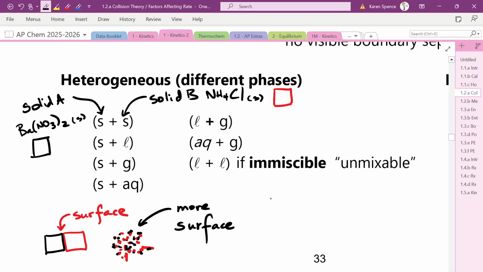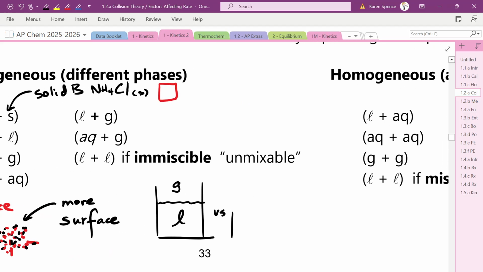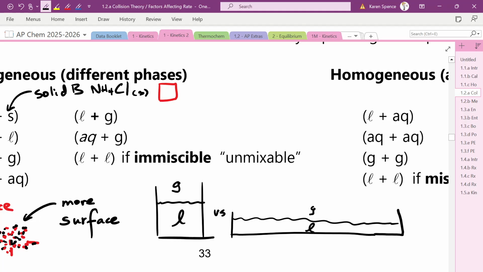If you have a liquid and a gas, you can have a bigger surface or a smaller surface. Same thing with aqueous and gas, because the aqueous could also be in that liquid.